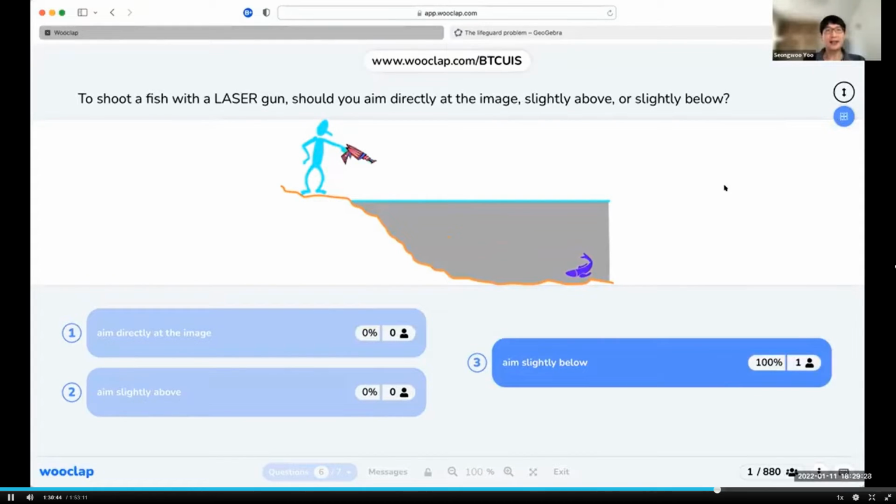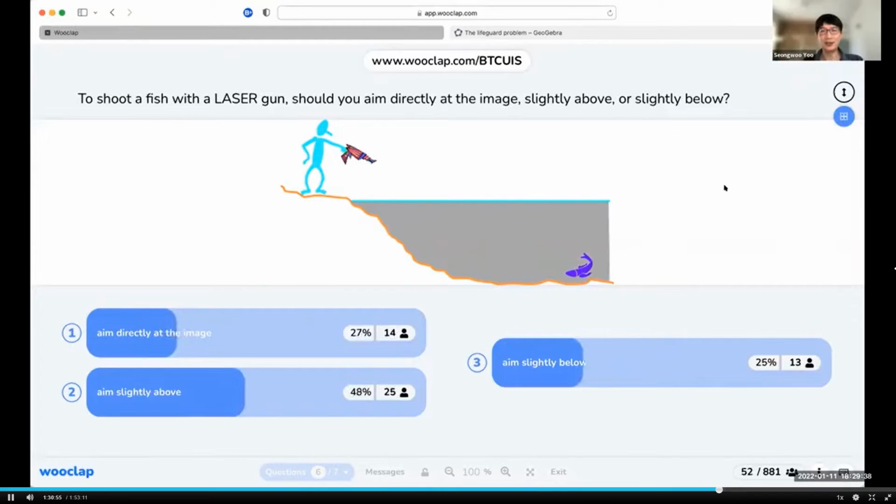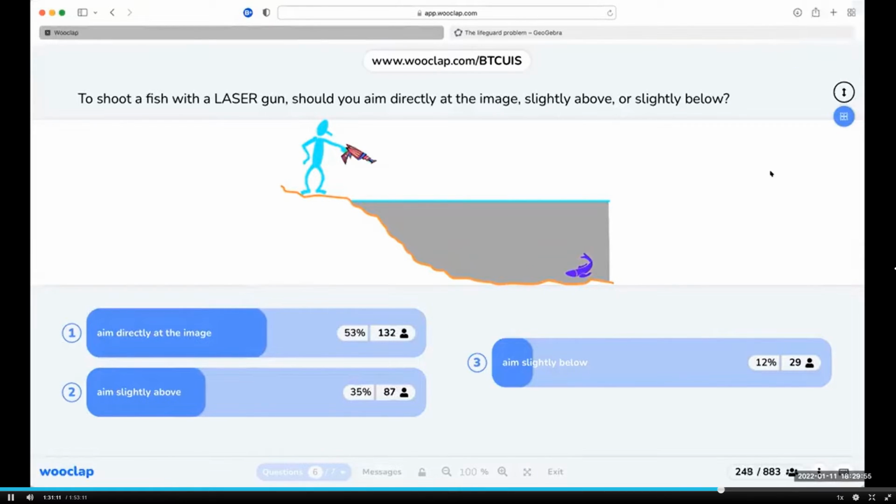Now we use a laser gun instead of the actual gun. Then where do you want to aim to catch the fish? Directly at the image, slightly above, or slightly below? What's the wavelength of the laser?